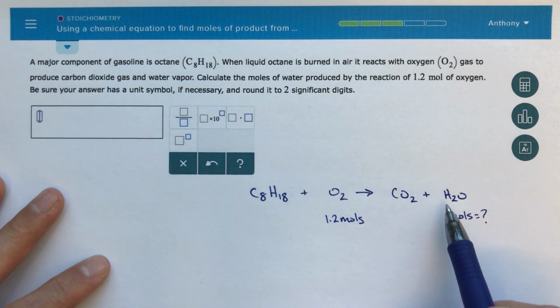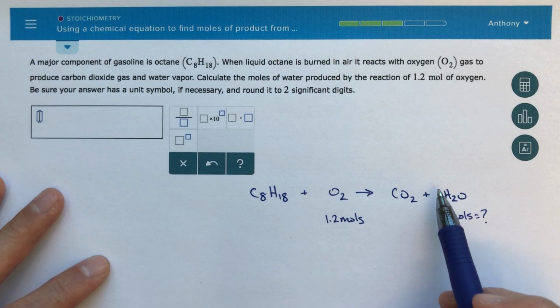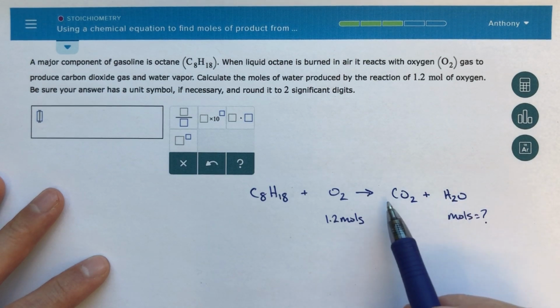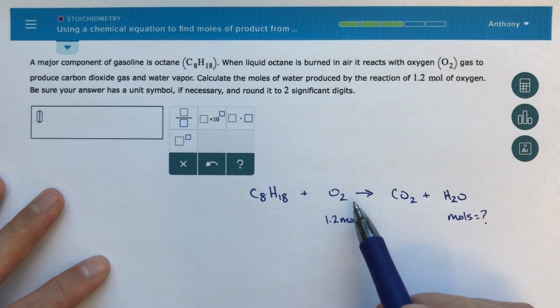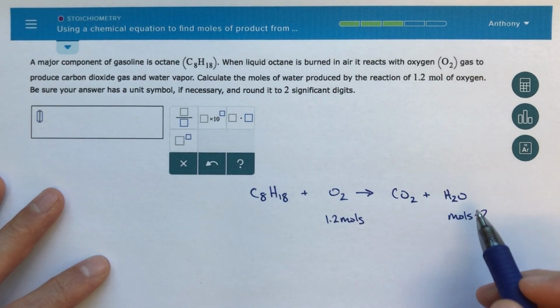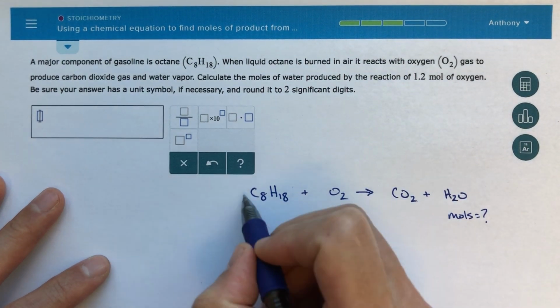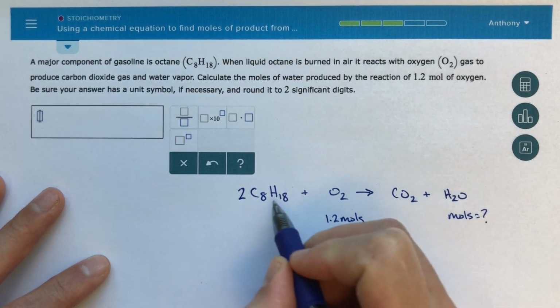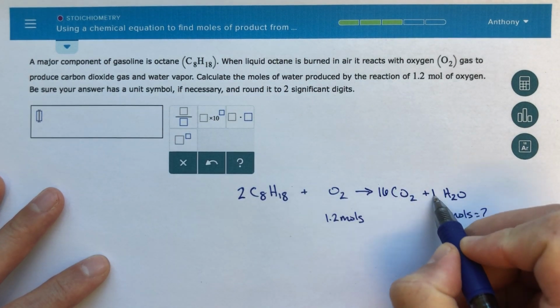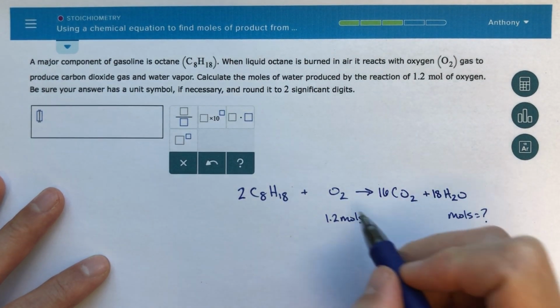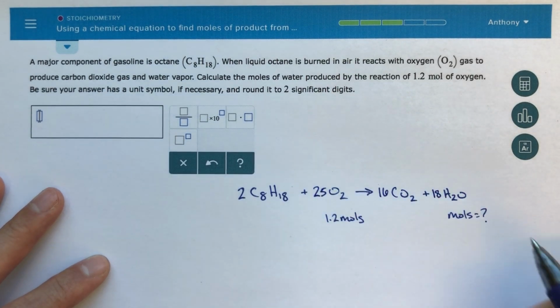So if I wanted to balance the hydrogen on this side, I would need to put a 9 here. But if I put a 9 here, then I'm going to have an odd number of oxygens on this side. And I know that I have to have an even number of oxygens. So looking at this, I know that this is going to be a 2 here. Then I'm going to need to put a 16 here. My number of hydrogen, this is going to be an 18. These are really big numbers. This is going to end up being a 25.